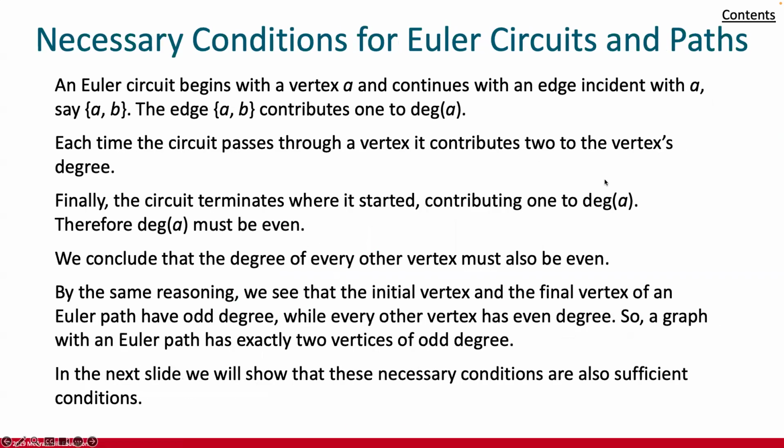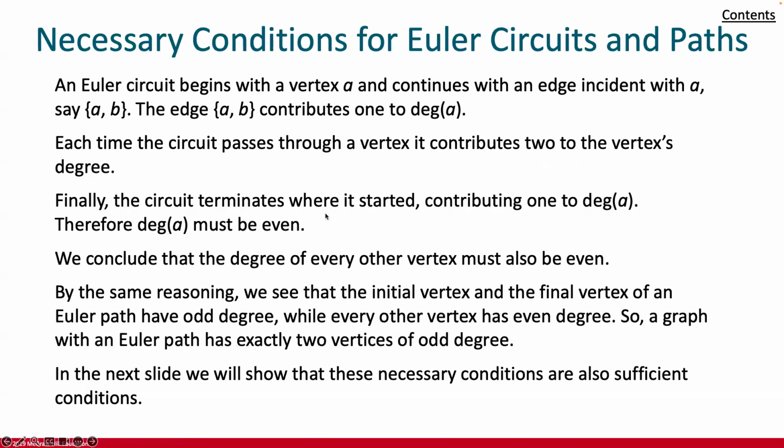So we have some necessary conditions for Euler circuits and paths. A Euler circuit begins with a vertex A and continues with an edge incident with A, say A comma B, and the edge A comma B contributes to degree A. Each time the circuit passes through a vertex, it contributes 2 to the vertex degree.